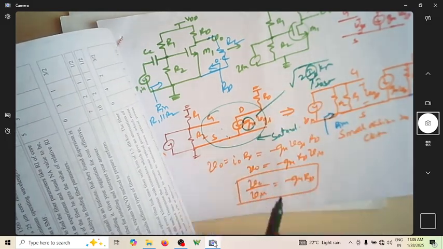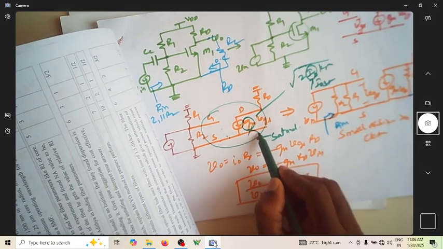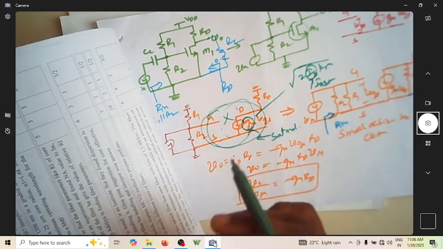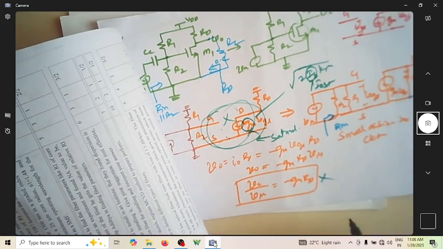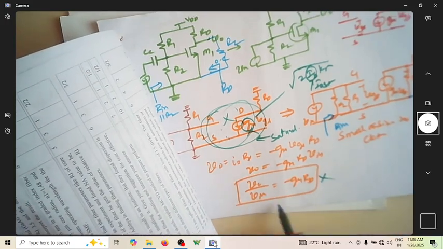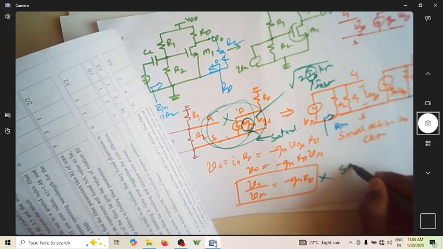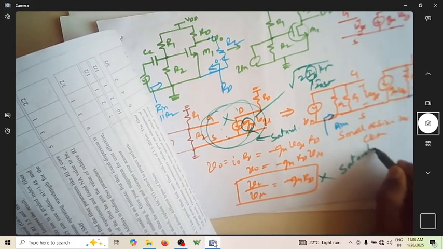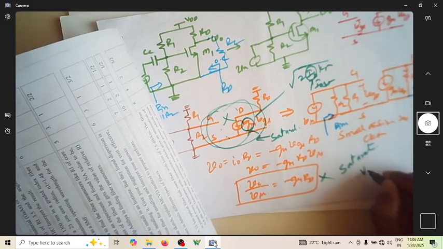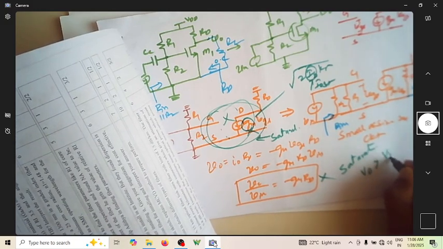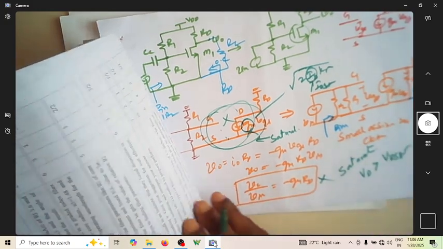If the MOSFET is not in saturation, then this gm is not valid. This entire equivalent circuit is not valid, so this is also not valid. This is valid only if the MOSFET is operating in saturation region. That means VD has to be greater than VDS sat.